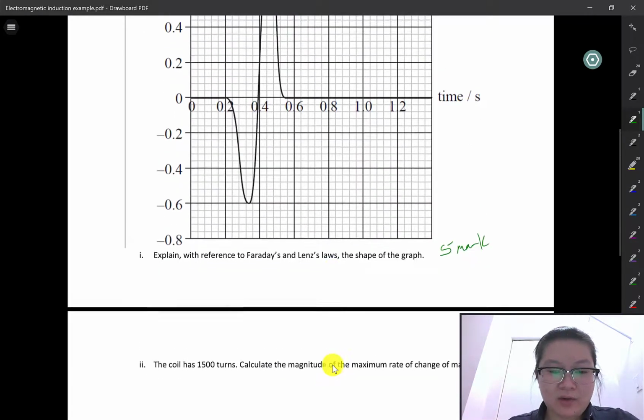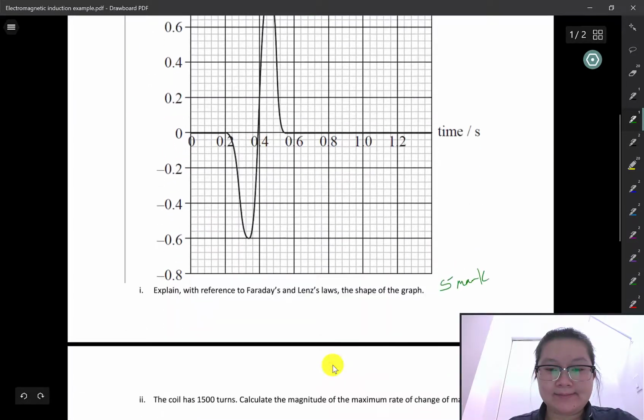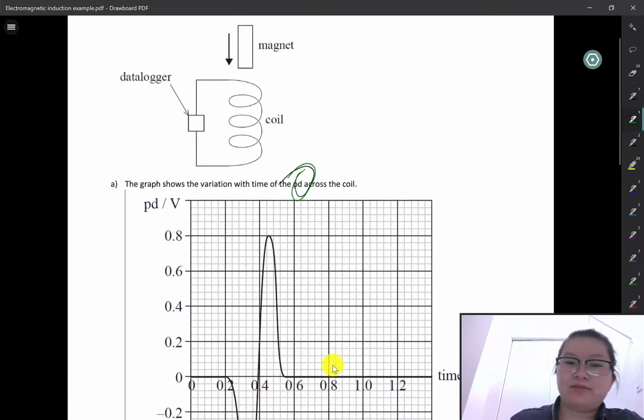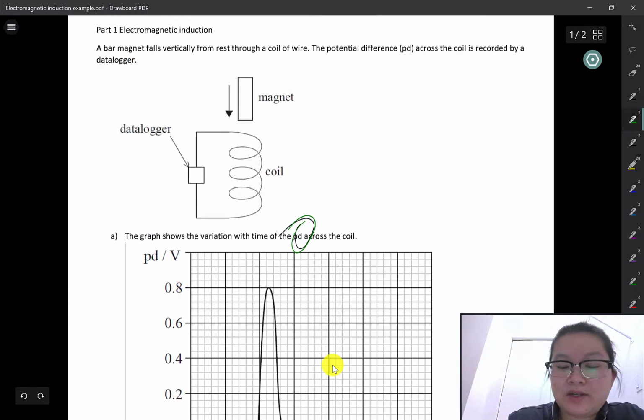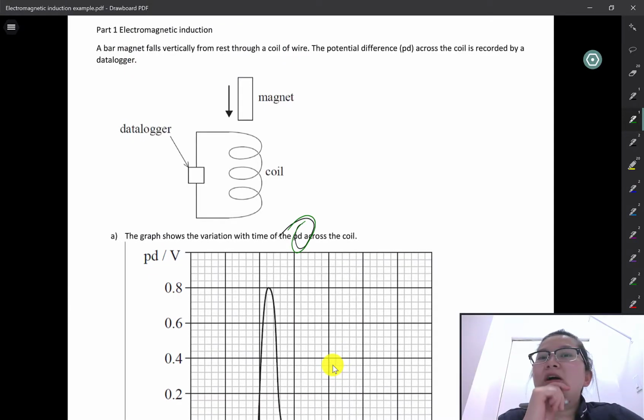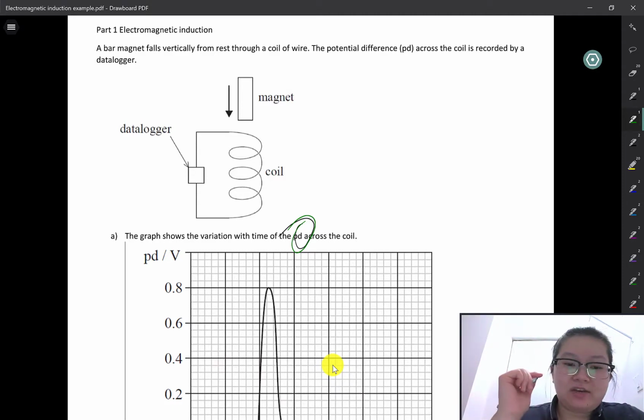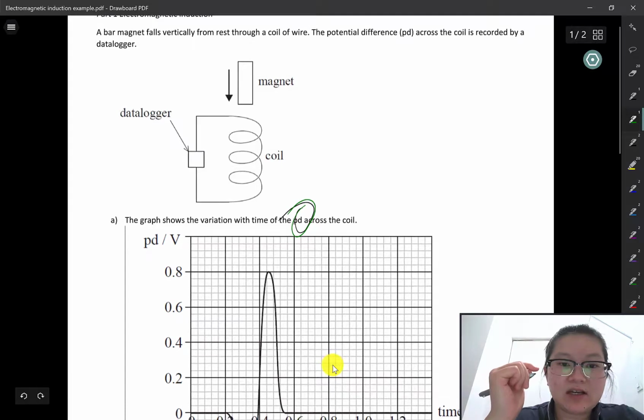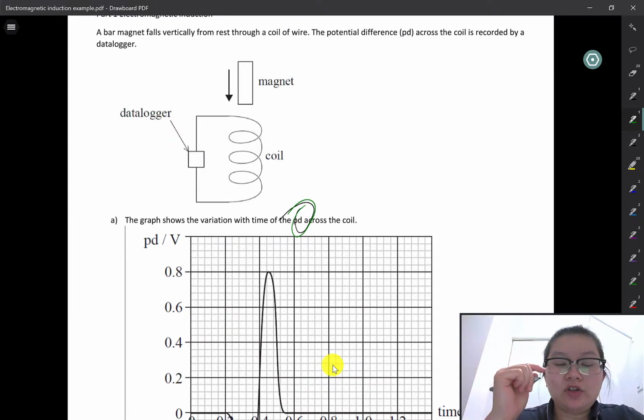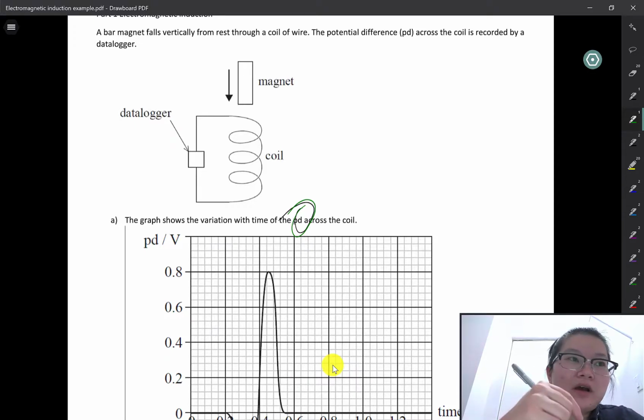So let's write it up here. First of all, we know that Faraday's law is essentially that a change in the magnetic flux linkage through a loop or coil of wire is going to induce an EMF across the wire.